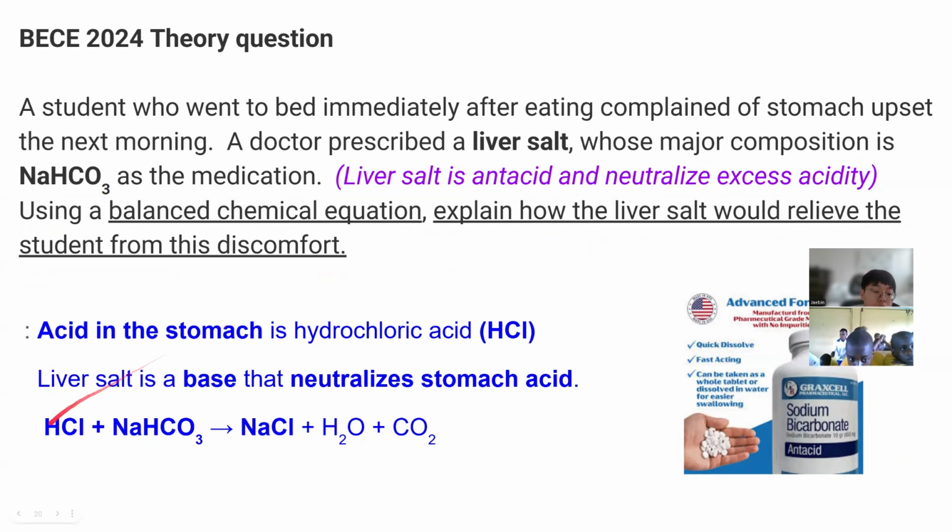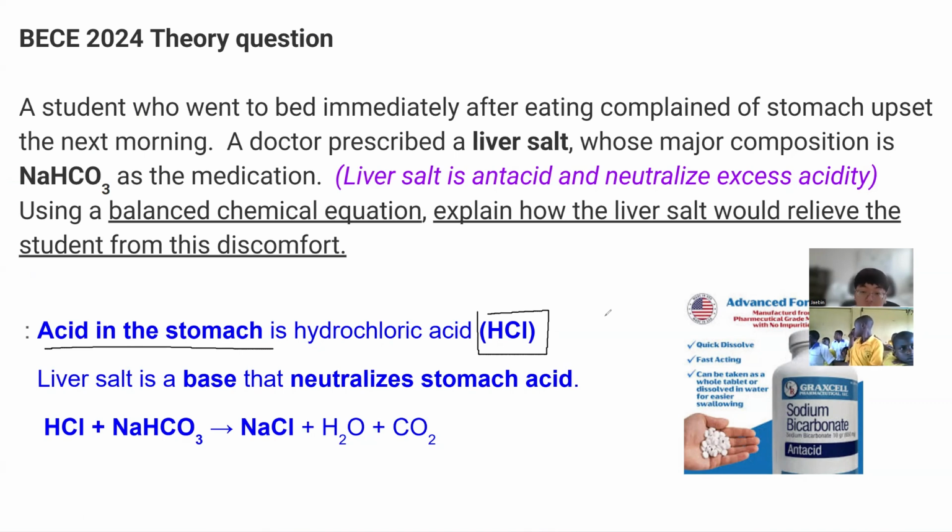Okay, so this is a neutralization reaction that would happen with stomach acid, since stomach acid can cause stomach pain, right? Stomach acid is made up of HCl, hydrochloric acid. Remember that.